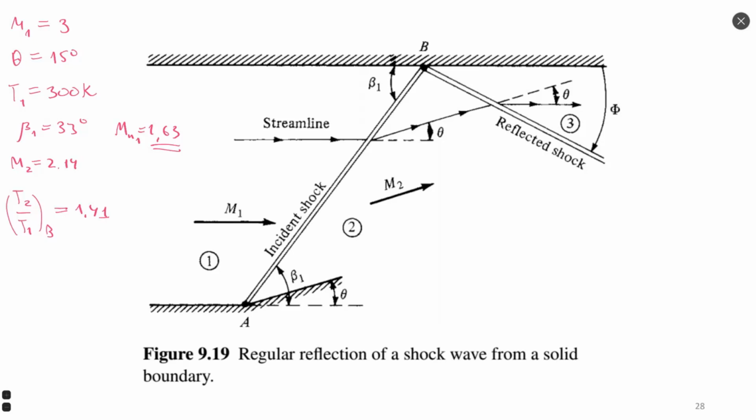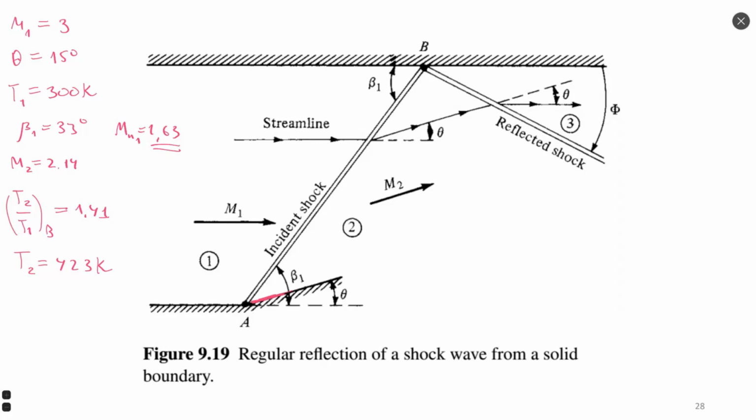Okay, now temperature 2 is 300 multiplied by 1.41. Yeah, I can calculate analytically, but need to check. 423 Kelvin. Okay, that's the temperature after shock 1, after oblique shock wave 1.